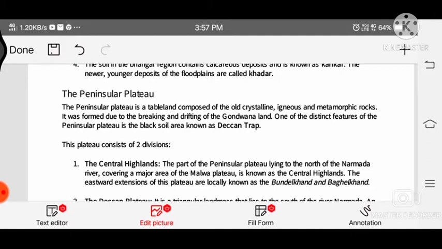It was formed due to the breaking and drifting of the Gondwana land. One of the distinct features of the Peninsular plateau is the black soil area known as the Deccan Trap.